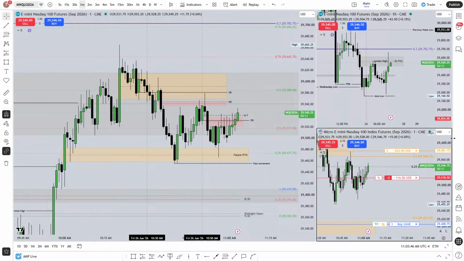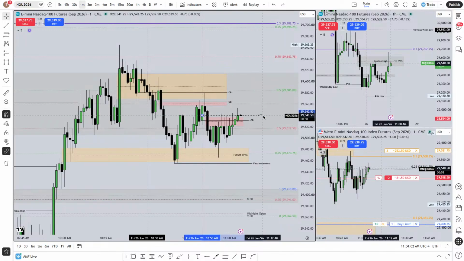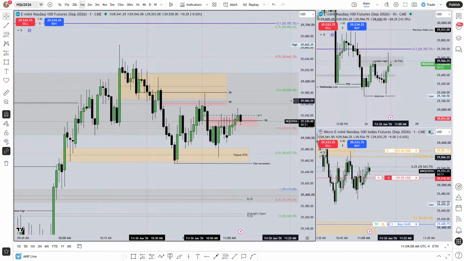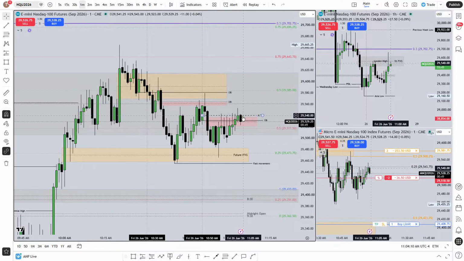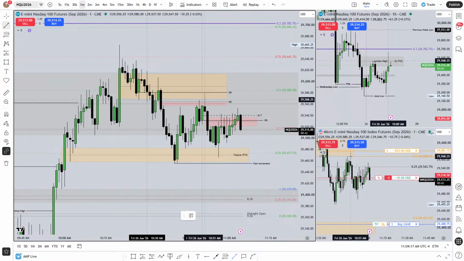Getting ready to take one off. Okay, so we held the midpoint, but we closed above there. The midpoint's really what's holding this trade together right now, and this upper quadrant of the first hour dealing range.